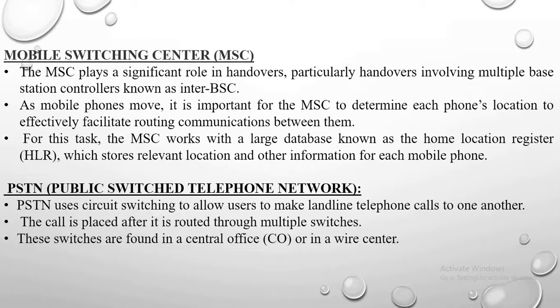And next, all these mobile switching centers are connected to the public switched telephone network, that is PSTN. It is nothing but a switching system that allows landline and cell phone calls to connect to one another, and it is placed across multiple switches. It acts as a switch. That means from the MSC it is going to send to your PSTN, which you can also call a telephone exchange.